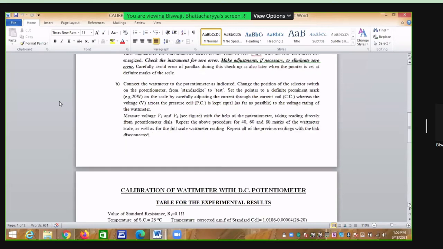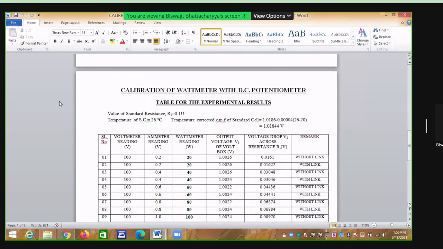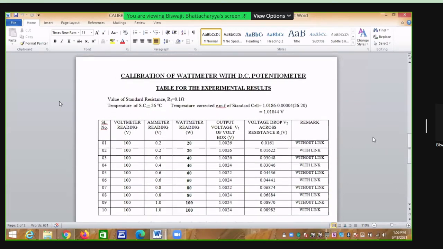So that is the process actually what I told you. Initially, some typical values are given. Voltmeter reading is 100 volt for all the runs, and first we vary the rheostat RH1, and the ammeter reading will be say 0.2. There is a mistake, I think.